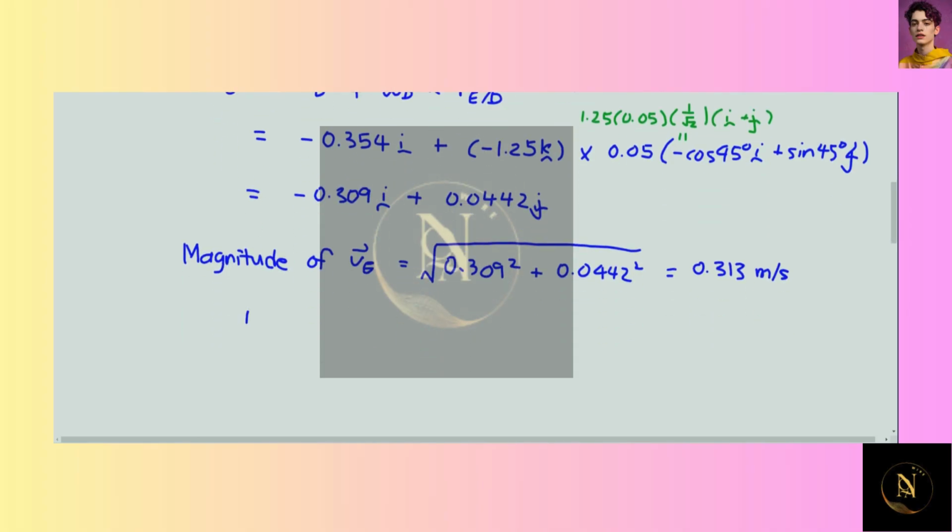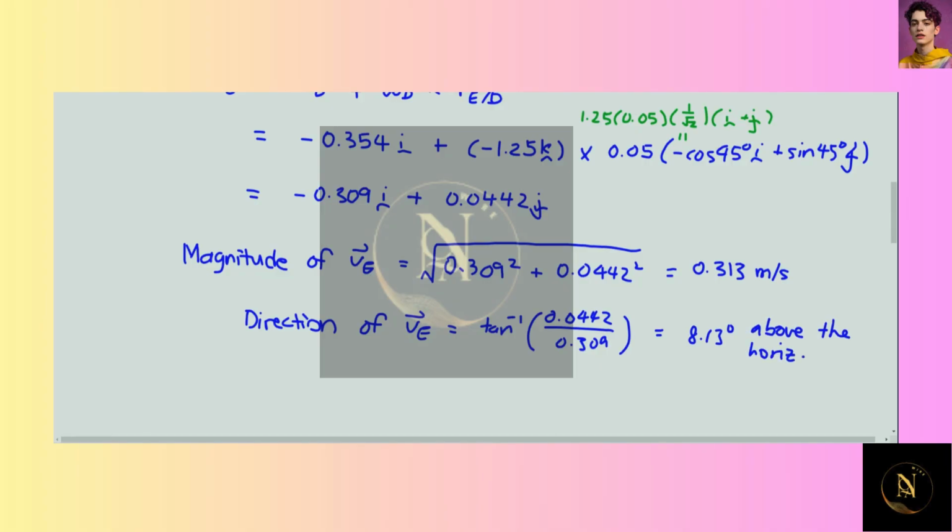And then the direction of VE is equal to arctangent of 0.0442 divided by 0.309. This is 8.13 degrees above the horizontal to the left.